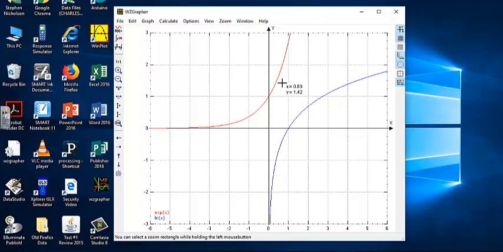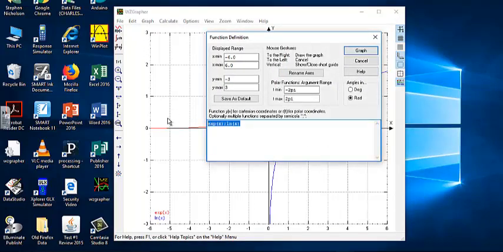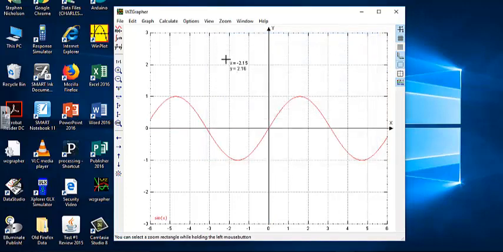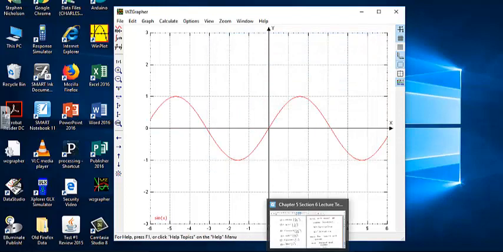So what we do when it comes to inverse trig functions, we limit the domain of the trig function so that it is one-to-one within that domain. So let's go back to the sine function here. If I graph that, and let me just take a picture, stick it in my notebook here.